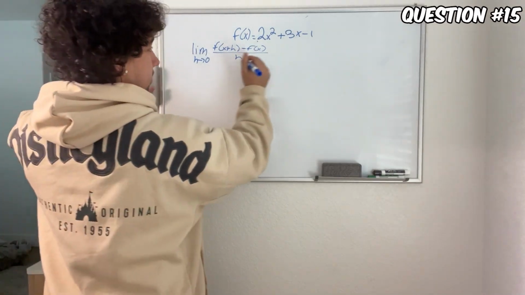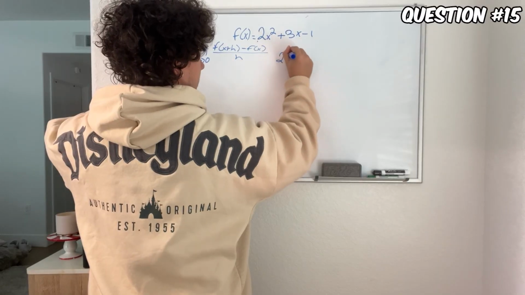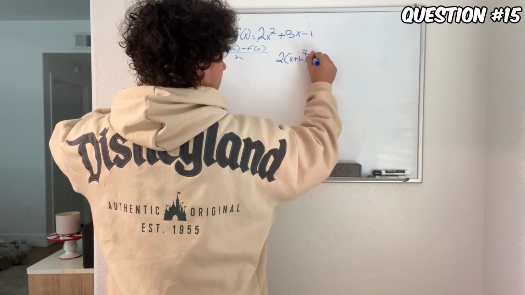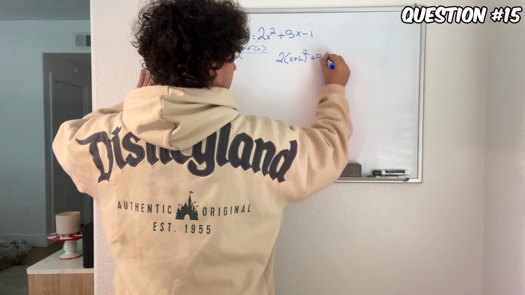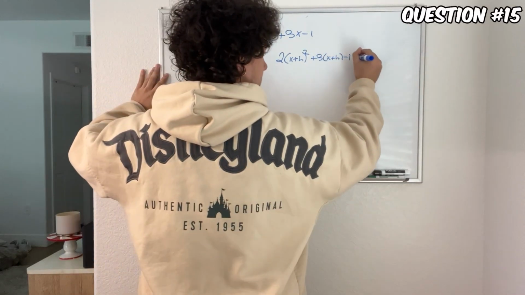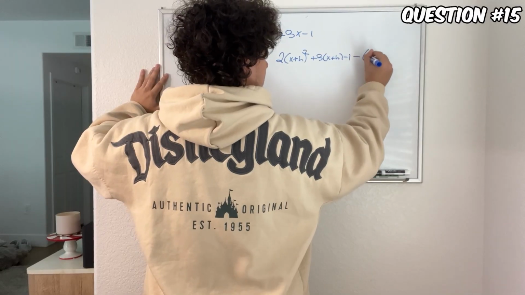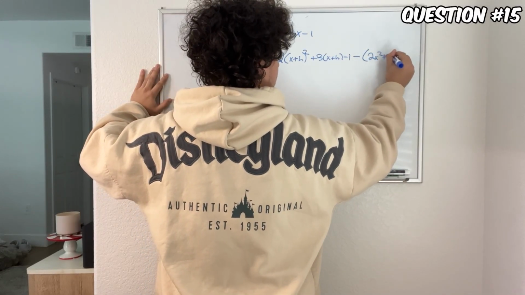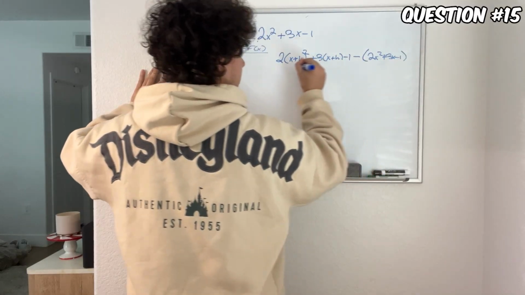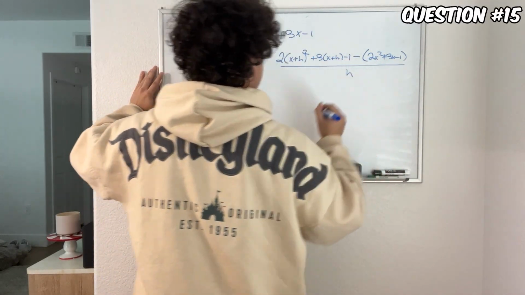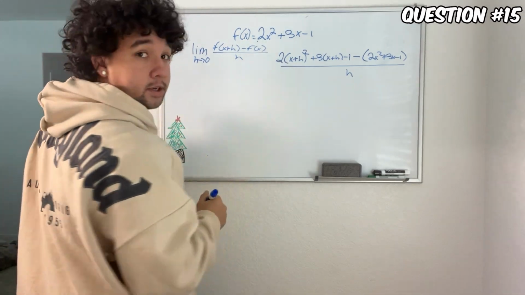So let's see here. I'm going to say 2 times x plus h squared plus 3 times x plus h minus 1, minus 2x squared plus 3x minus 1, all over h. Okay, so first thing first, what are we going to do?